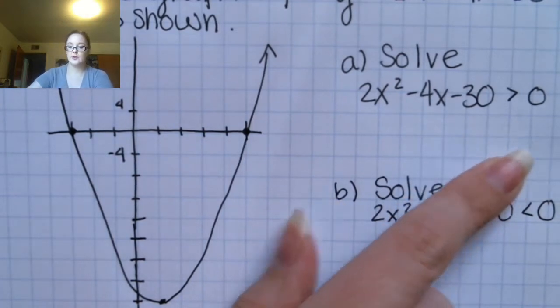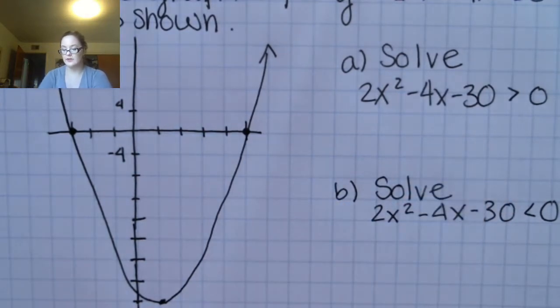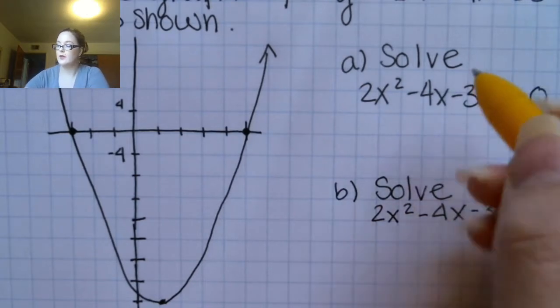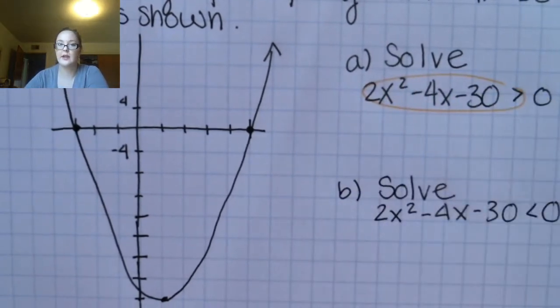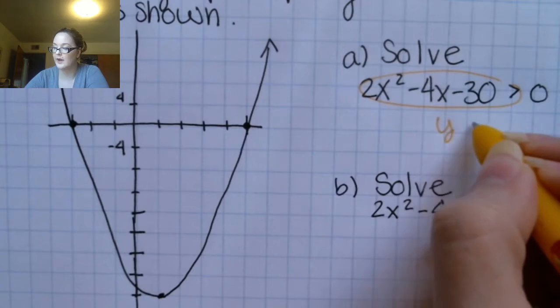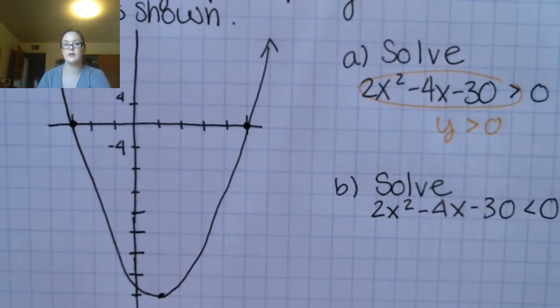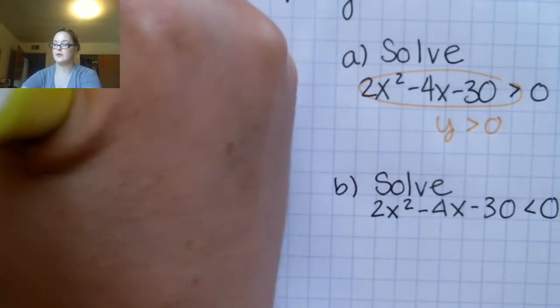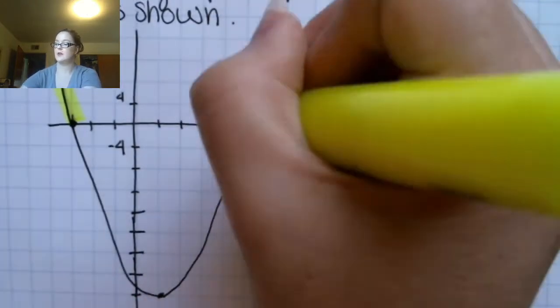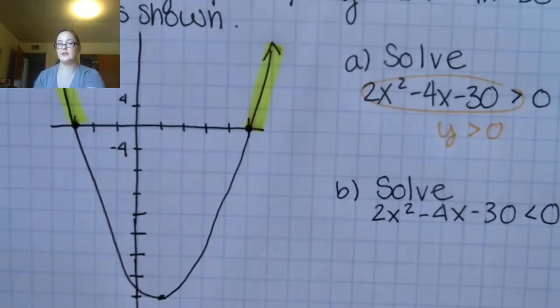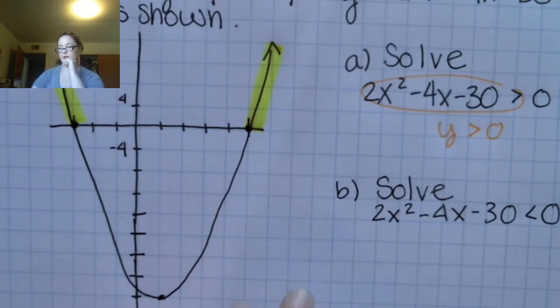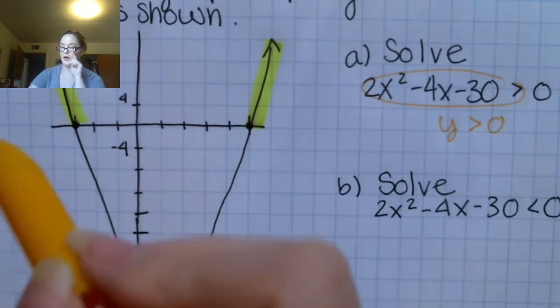So when is this going to be greater than 0? Remember, this stuff is y, so they're asking you for y greater than 0. Where is y greater than 0? Well, here it's above the axis, and here it's above the axis. And we're going to write down our x values that go with this part of the graph.